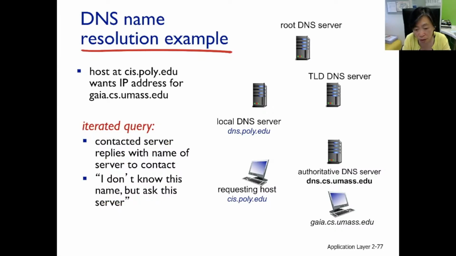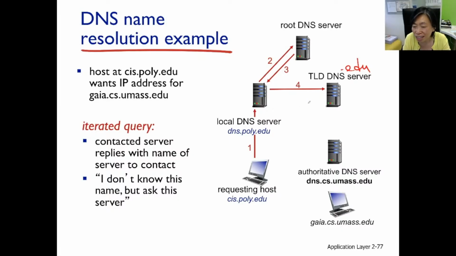And so the process goes: the client here issues a query. The local DNS server now forwards the query first to the root. Root returns the IP address of the .edu TLD server. Therefore, the local DNS server can re-forward the query to the .edu TLD DNS.